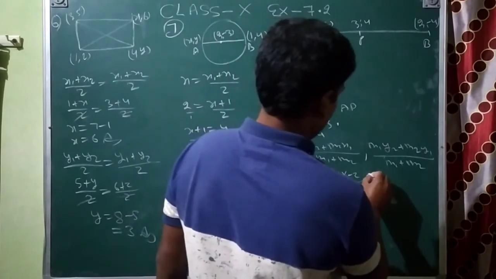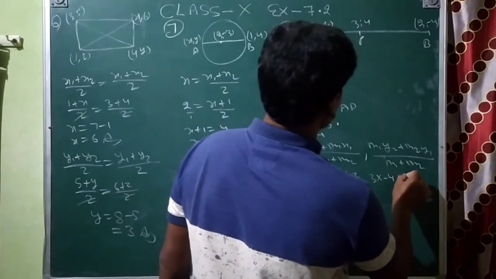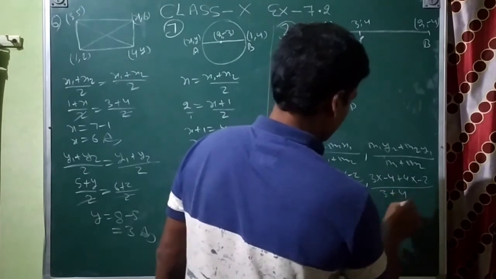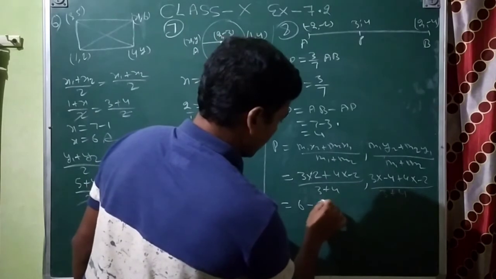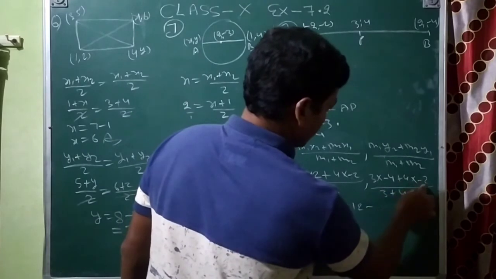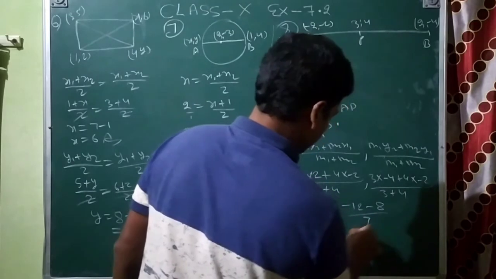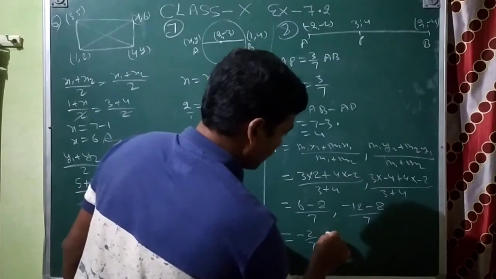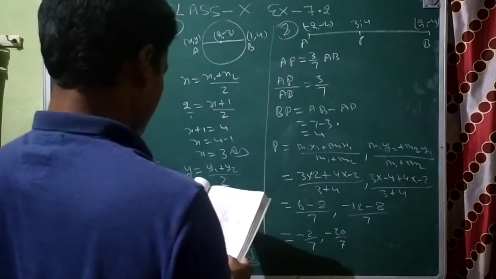Similarly, 3 multiply minus 4 plus 4 multiply minus 2, upon 3 plus 4. So 3 times 2 is 6 minus 4 times 2 is 8, upon 7, and then 3 times 4 is 12 minus 4 times 2 is 8, upon 7. So that will be minus 2 upon 7, and then minus 20 upon 7.